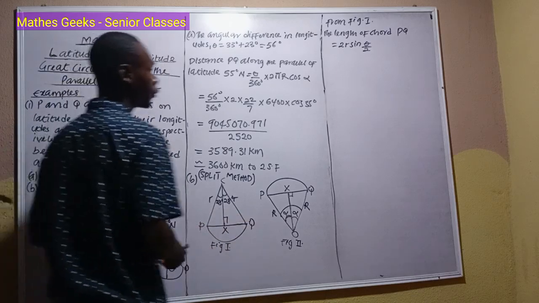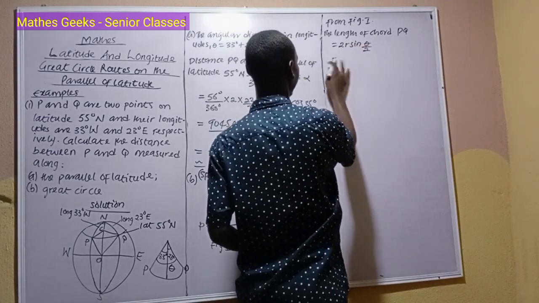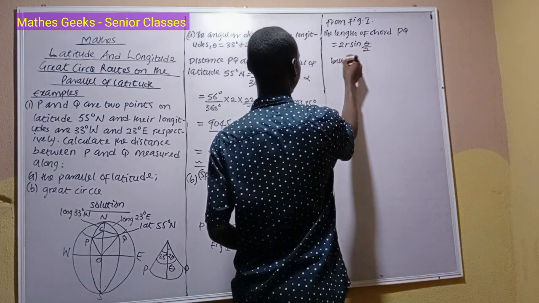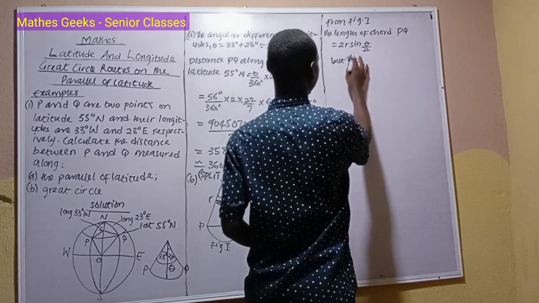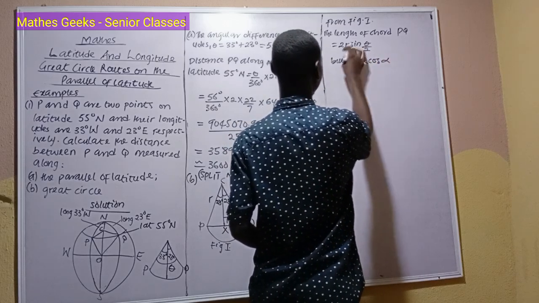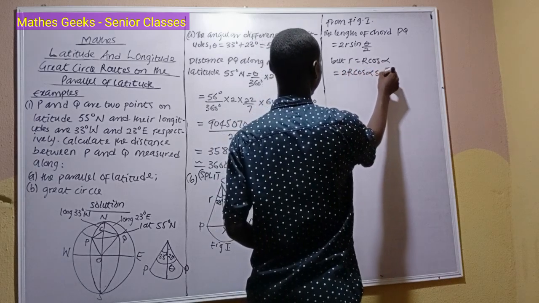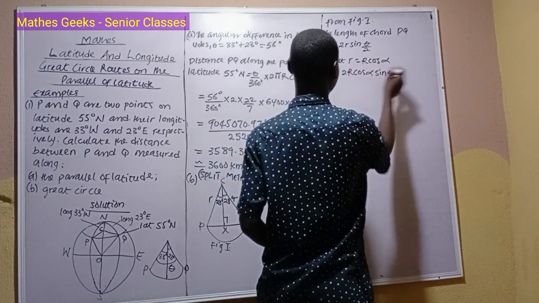So to get that, we use the formula, but r is equal to R cos alpha. So the formula becomes 2R cos alpha sine theta over 2.